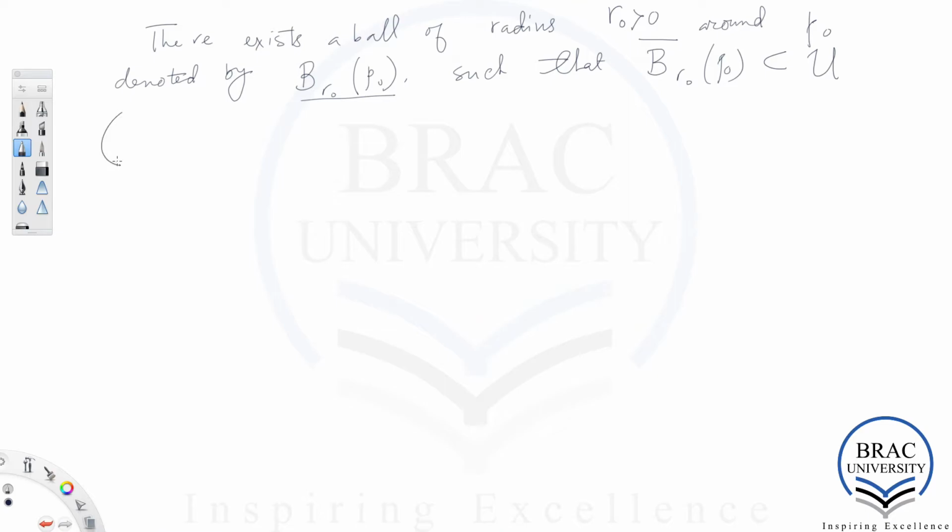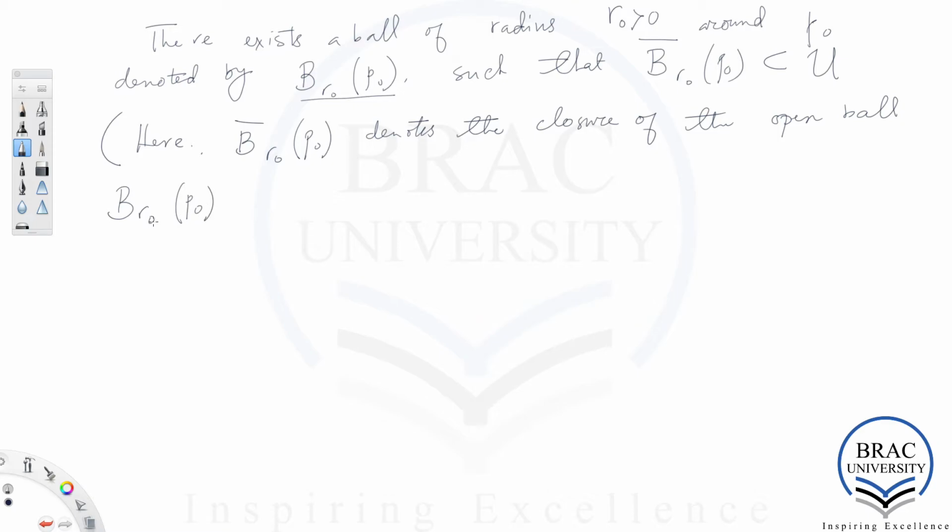Now a side note, if you are not familiar with the closure: here the closure of the ball around p0 of radius r0 denotes the closure of the open ball B of p0 of radius r0.